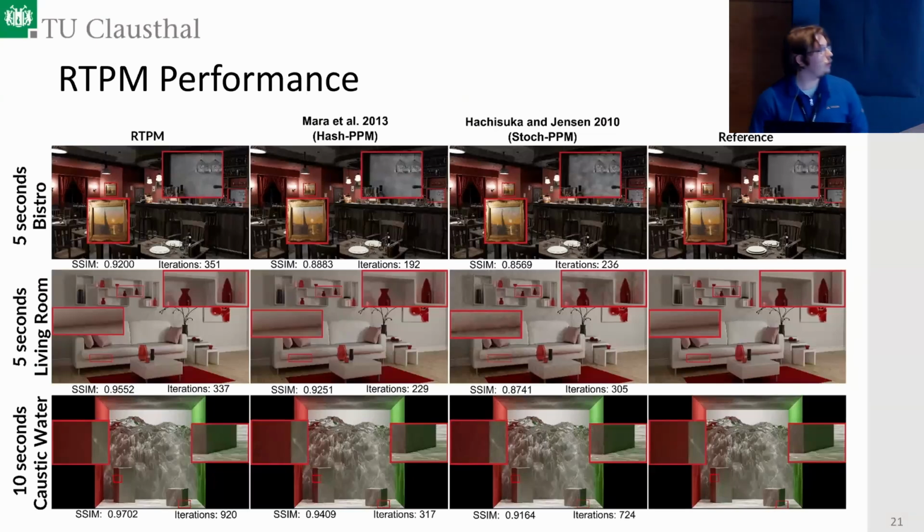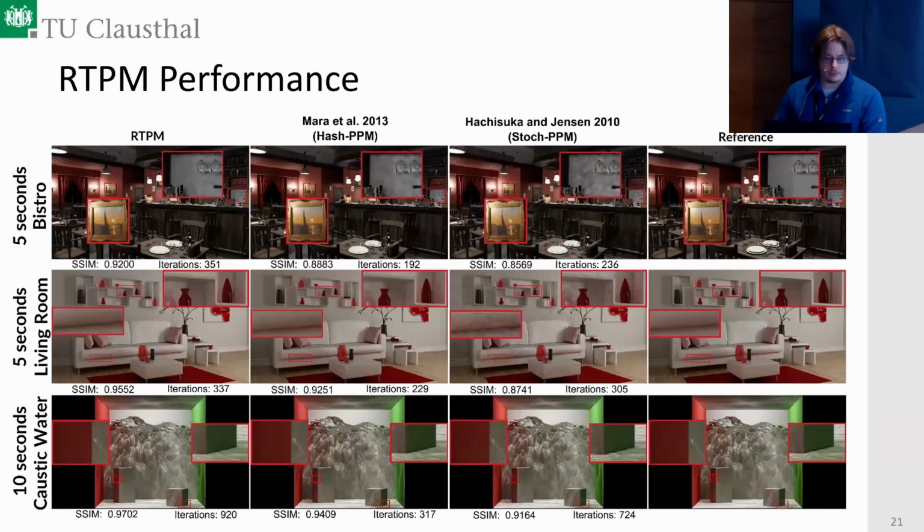To evaluate our photon mapper, we compared it with other photon mappers by Mara and colleagues, as well as Hachisuka and Jensen, which we called hash ppm and stoch ppm in our paper. Comparison of the collection scheme with KD trees was already done by Evangelou and colleagues, so we focus on hash photon mappers, as they are most of the time faster for GPU cases.